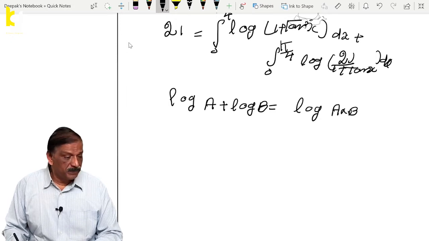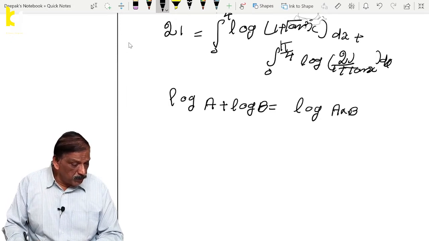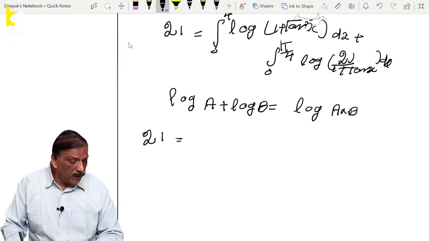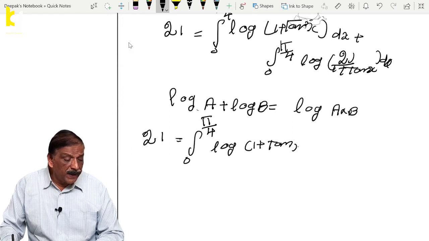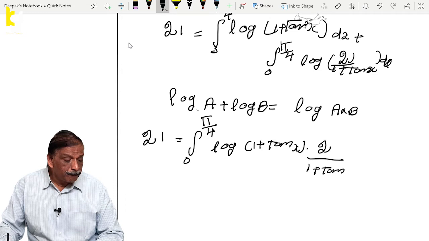So this is equal to 2I equal integral 0 to pi by 4 log 1 plus tan x into 2 by 1 plus tan x dx.